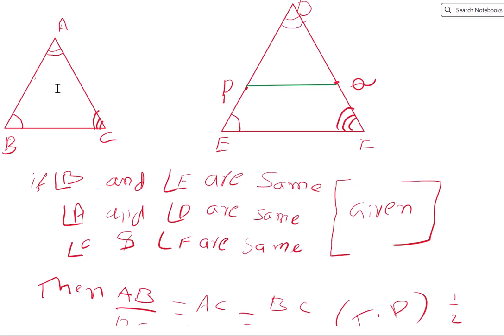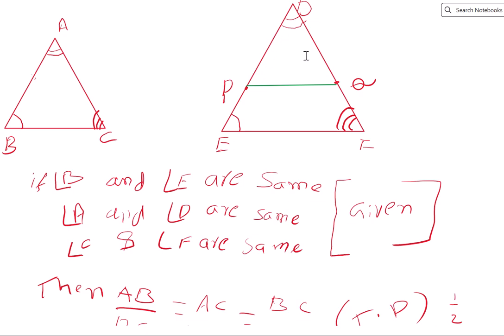What is congruent? All the angles and the sizes of sides are the same. Corresponding angles should be the same, and corresponding sides also should be the same.